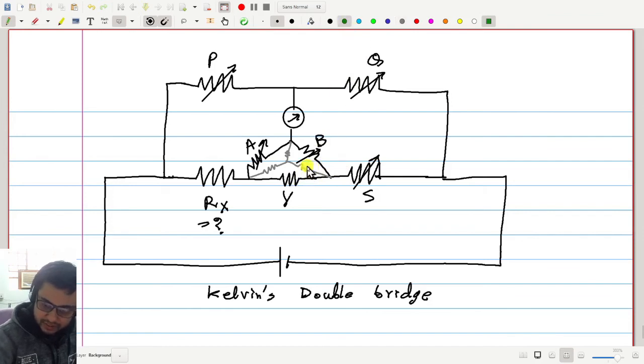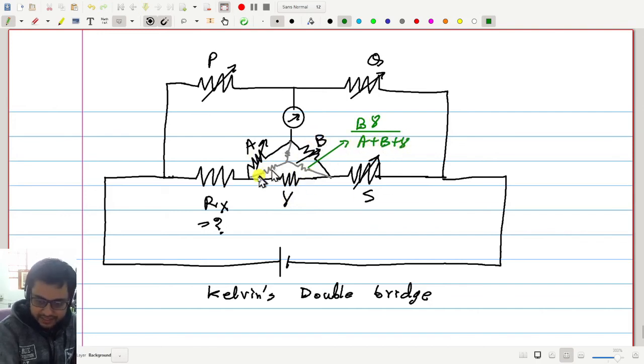Let me write here, this resistance will have a value B gamma divided by A plus B plus gamma. This resistance will have a value, let me write here, A gamma divided by A plus B plus gamma.